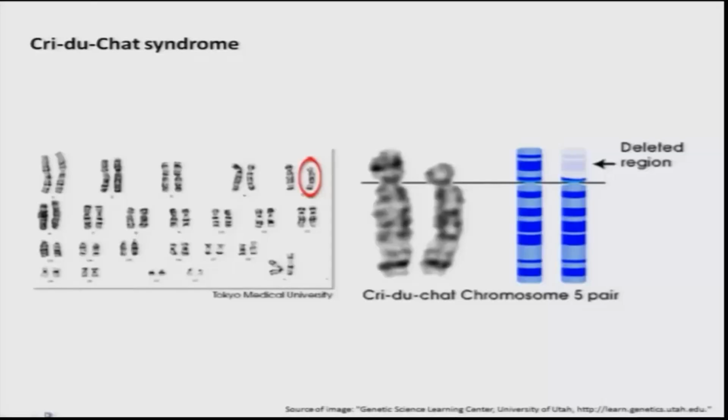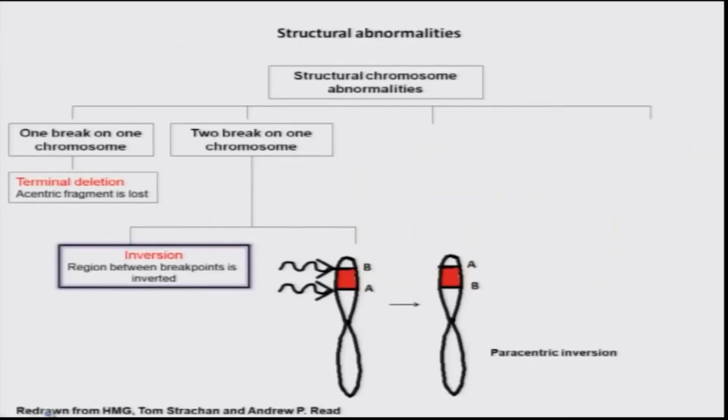It happens because chromosome 5 lost the upper portion of its chromosome. Individuals have one normal chromosome, but in the other copy a part of it is lost. As a result, you have this condition. That is an example of terminal deletion, the upper or lower part of the chromosome being lost.